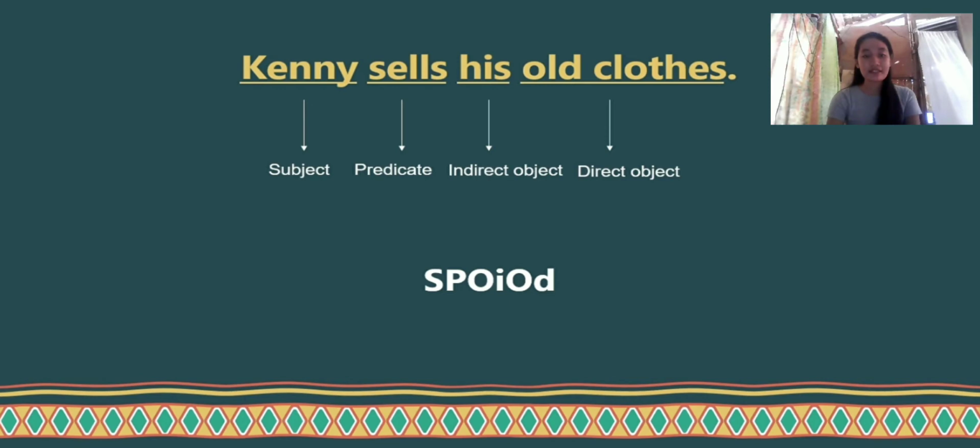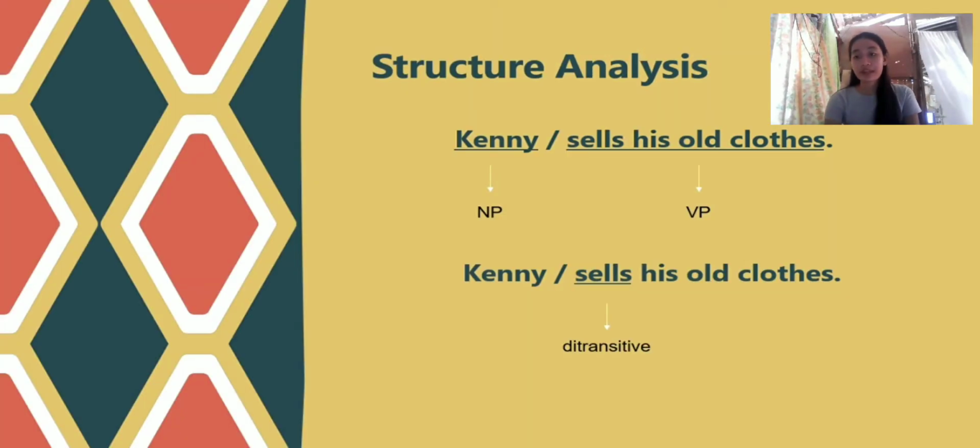Okay, now let's proceed to the phrase structure. A sentence can be broken down into two categories, or its constituent parts. We're still using Kenny sells his old clothes as our example.